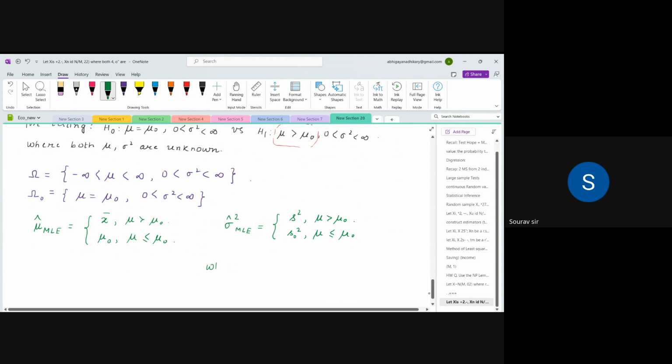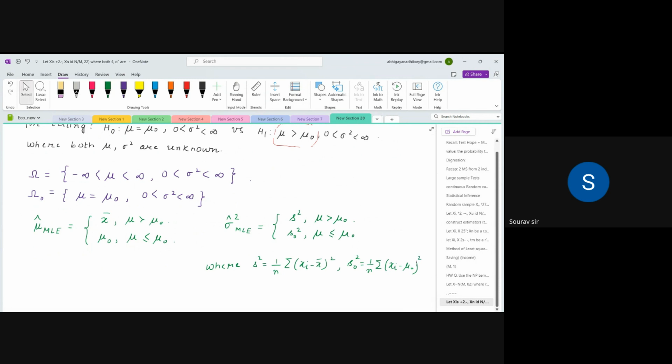Where s square and s naught square, I will define once more: s square is 1 by n summation of xi minus x bar whole square, and s naught square is 1 by n summation of xi minus mu naught whole square. Is this understood by everyone?